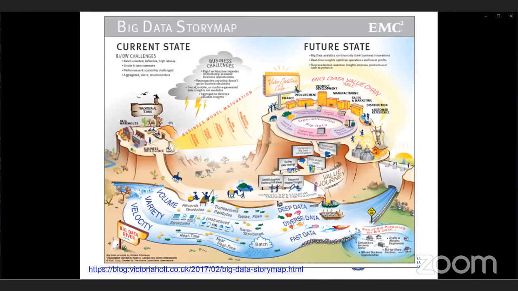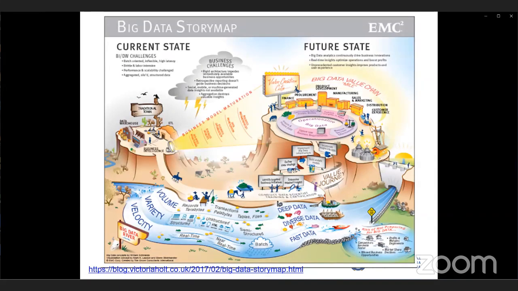This image created by EMC provides an excellent summary of the current big data journey we need to embark on in order to get to the full value of big data. Where we are in terms of the business intelligence and data warehouse landscape, considering the unique characteristics of data, we need to embark and face deep waters to be able to get to the value journey.